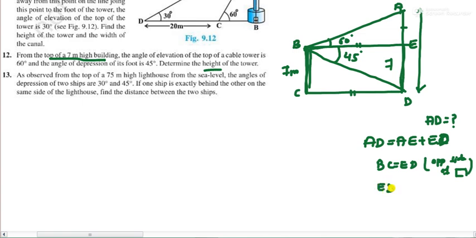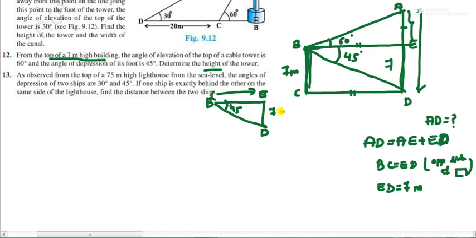Therefore ED is equal to 7 meter. Right. So we have this. We need to find this now, but we don't know that. How can we find it now? If you look at this figure carefully, which one is that? Yes, BED. Here we have the data. This is 45 and this is 7. So can't you find this one? BE.